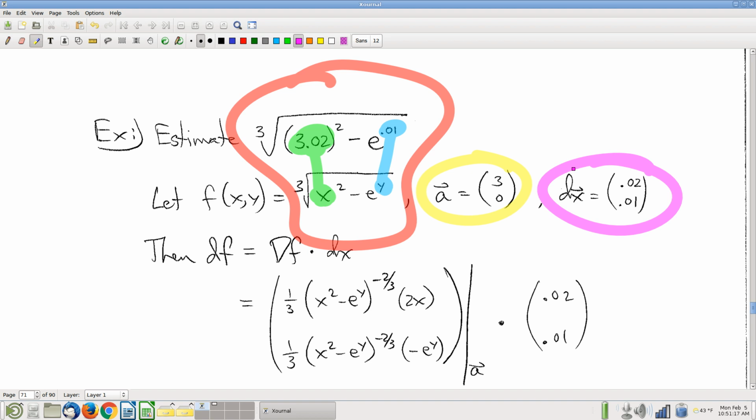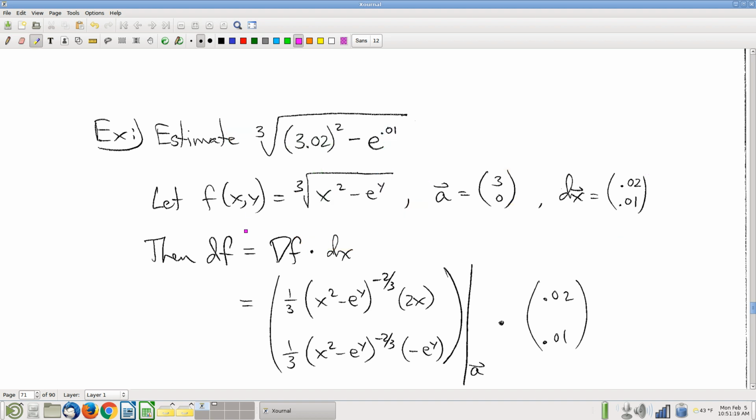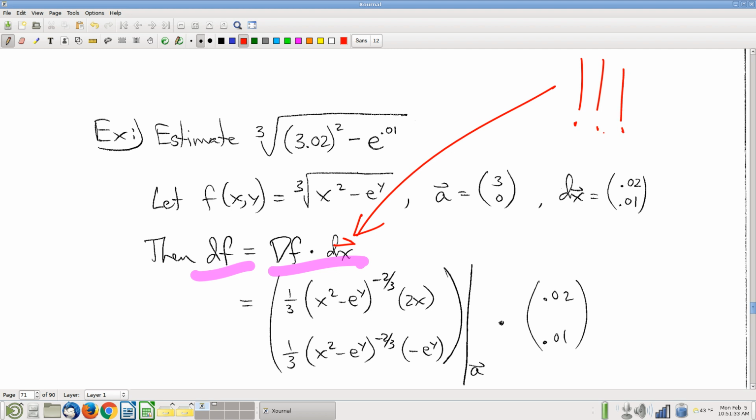So what I'm going to do then, with this setup in mind, is compute my differential as gradient dot dx. Oh, I got a typo here. That's dx vector. Sorry about that. Make sure to change that on your copy of the notes if you have a printed copy.